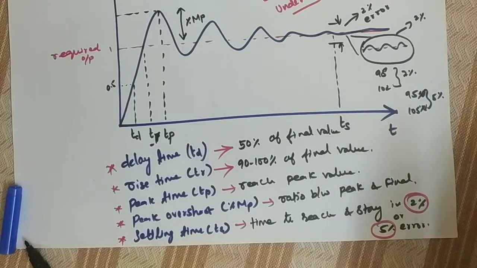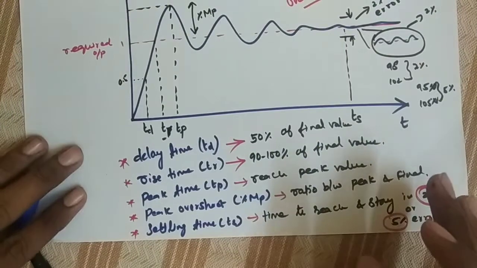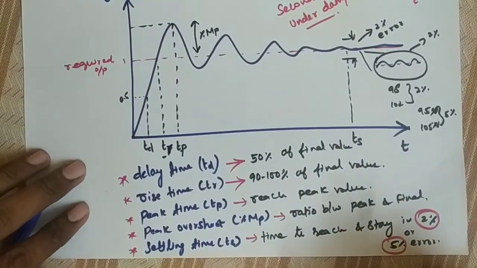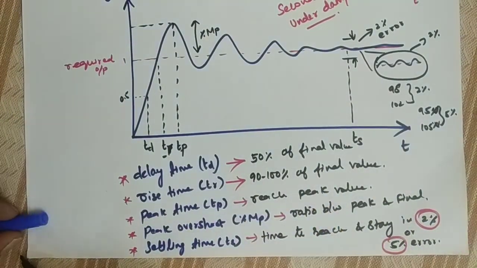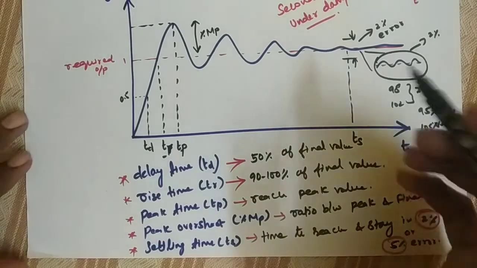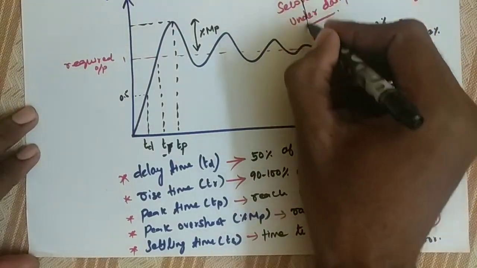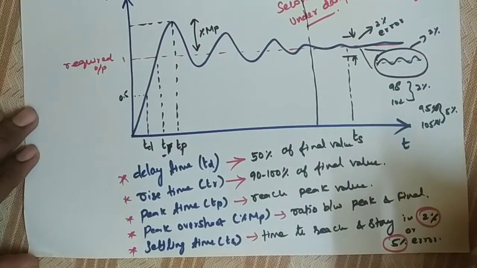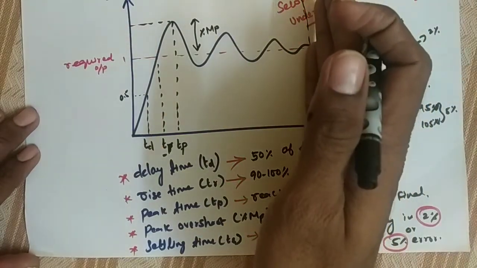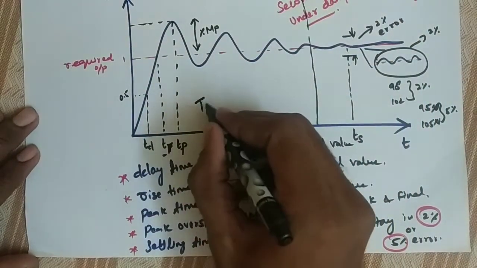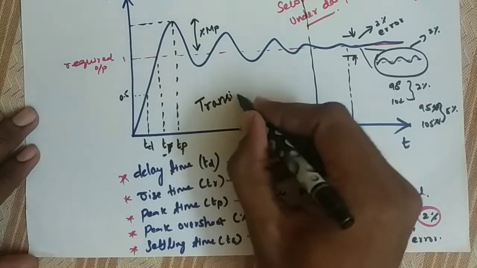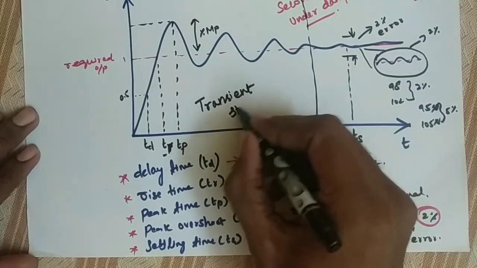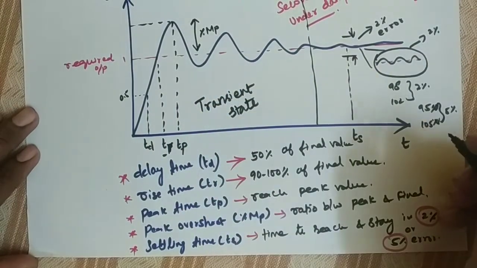These are all the main time domain specifications, and it is very important to discuss here the transient response and the steady state response. Up to this period we can say this is the transient state.